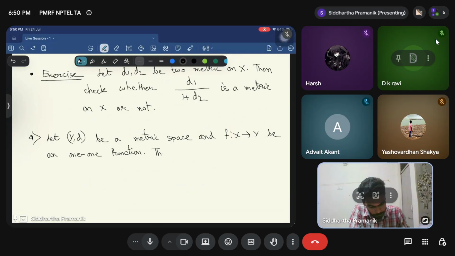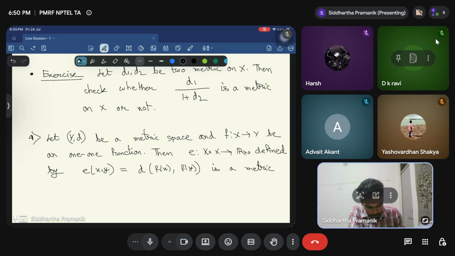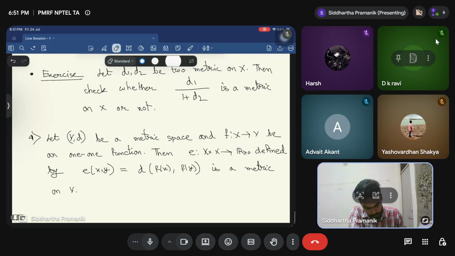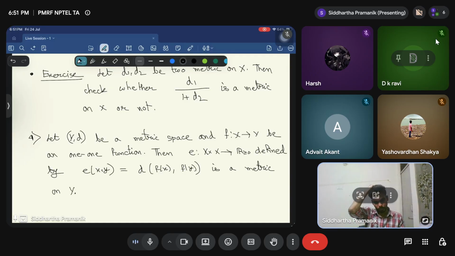Okay, then e from X cross X to the non-negative real numbers defined by e of xy is basically d of fx comma fy is a metric on X. Okay, so the proof is, I hope you have understood the statement.